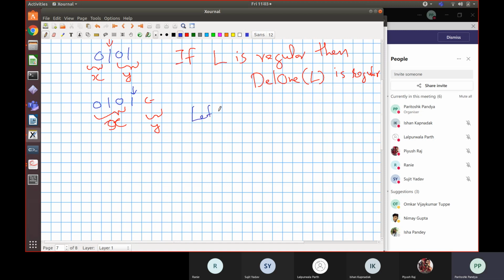So let M be a DFA for L. We construct an epsilon NFA M prime for del 1 of L, right? So we do surgery on this automaton M to obtain another automaton M prime, which will recognize del 1 of L. Now, how do we do that? Remember, we are allowed to delete exactly one 1.